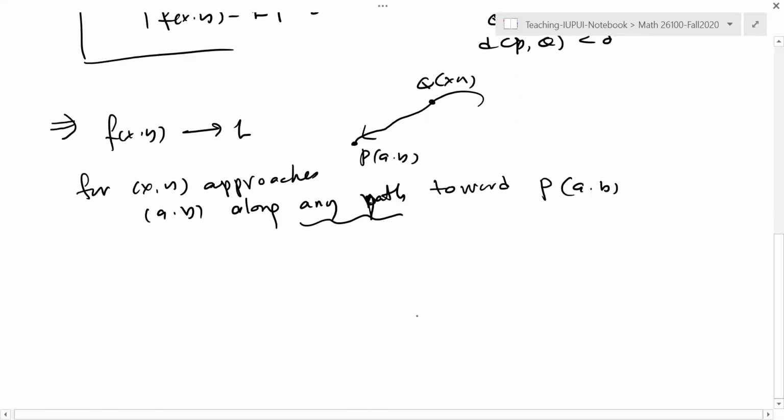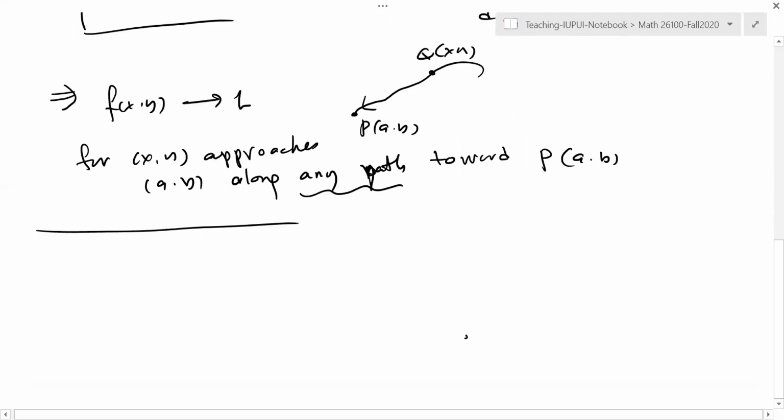Suppose here's a situation. Suppose this is point P and Q, and you have one path, and this is another path. This is path C1, this is path C2.